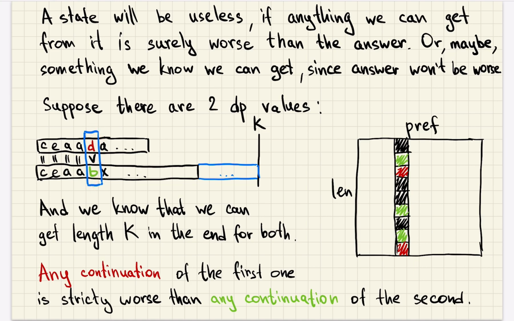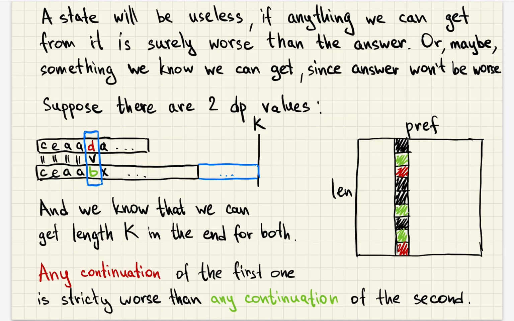So we know that however we will continue the second string and however we will continue the first string, the first will be worse, so lexicographically bigger. So we can just ignore it.